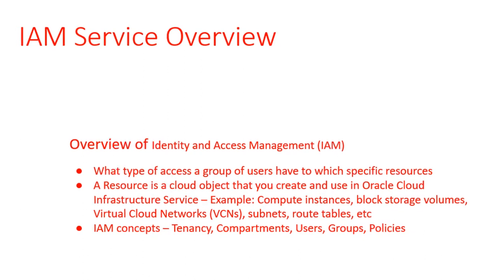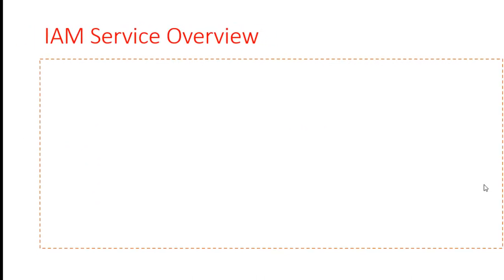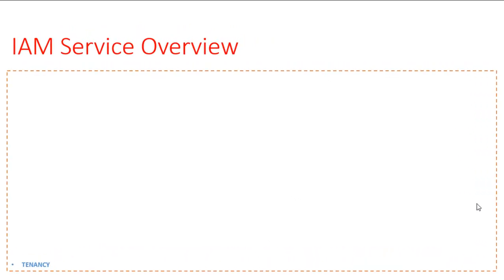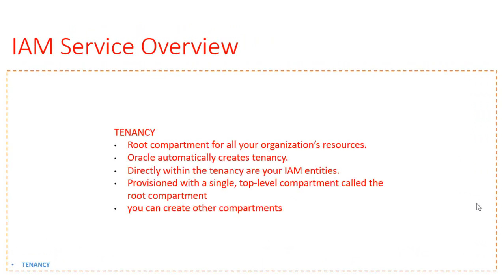Okay, we're going to start with tenancy. Basically, your root compartment. Tenancy is a root compartment for all your organization resources. As we talked about before, Oracle automatically creates tenancy. Directly within the tenancy are your IAM entities.